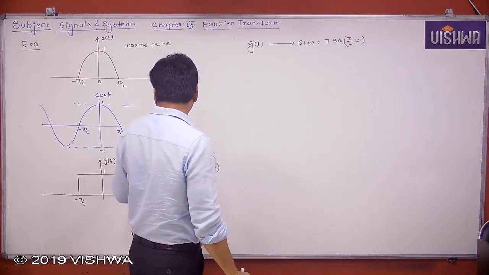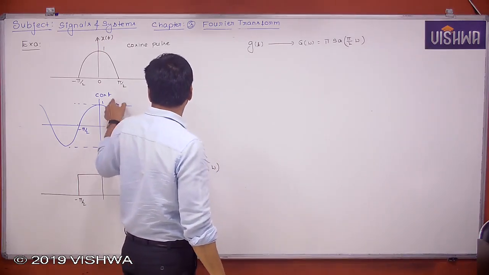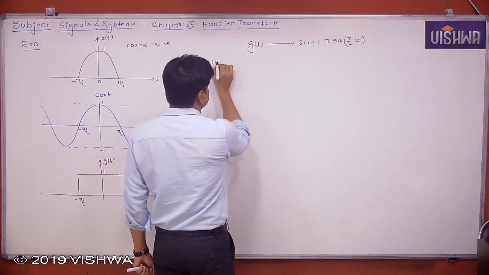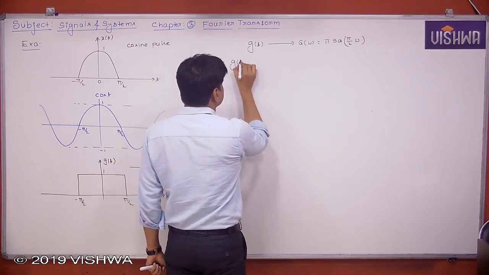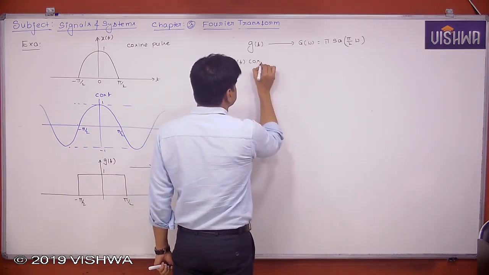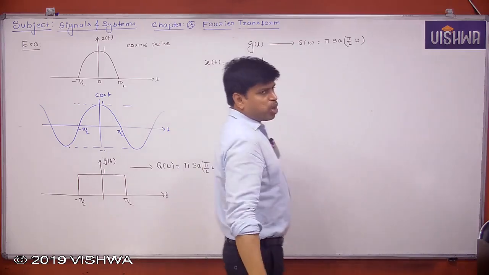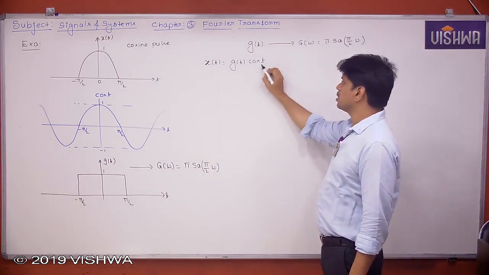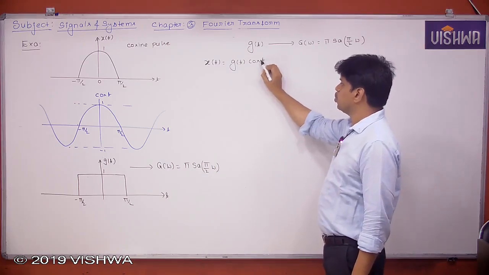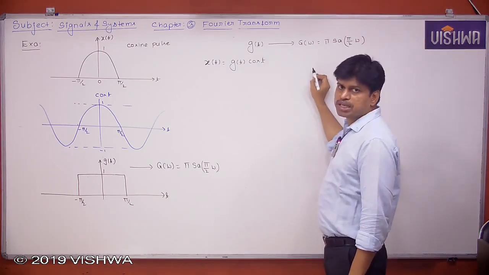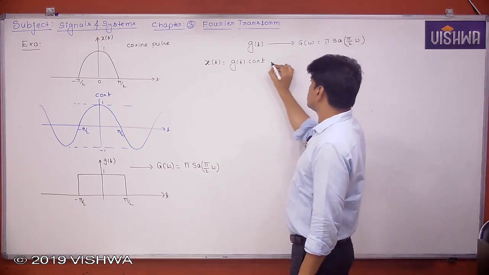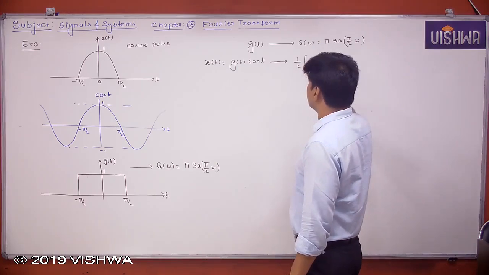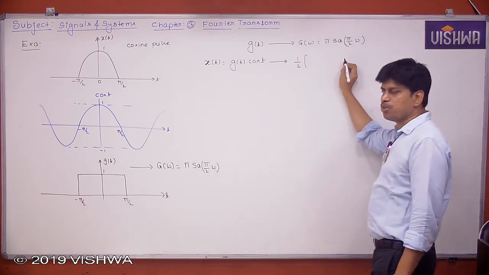Now if I multiply g of t with cos t, I am going to get x of t. So x of t is g of t multiplied with cos t. It is nothing but the modulation property. If any signal is multiplied with cos omega naught t, here omega naught is equal to 1, then we know how to apply the modulation property. That gives 1 by 2 g of omega minus omega naught plus g of omega plus omega naught.